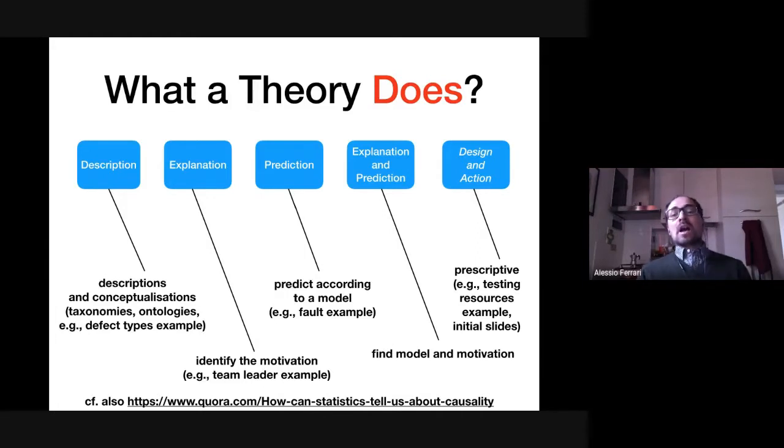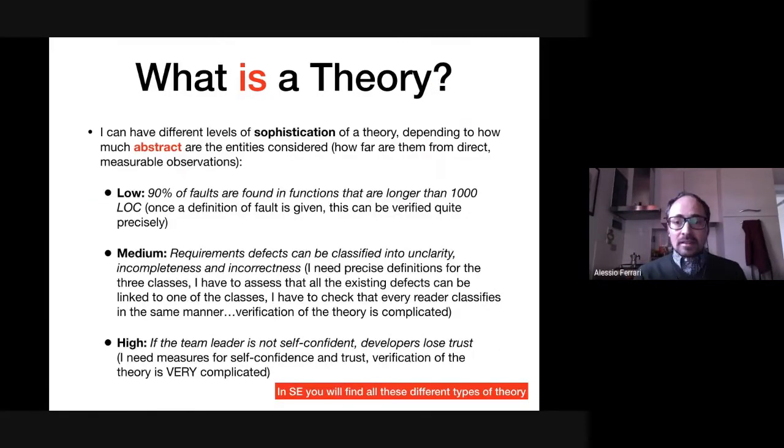It can predict. I build a model and I predict how things are in reality, like in the fault example, in which I was speaking about the presence of faults found in functions that are longer than 1,000 lines of code. So this is a model.